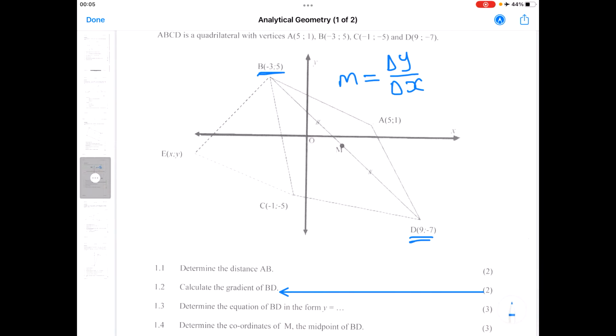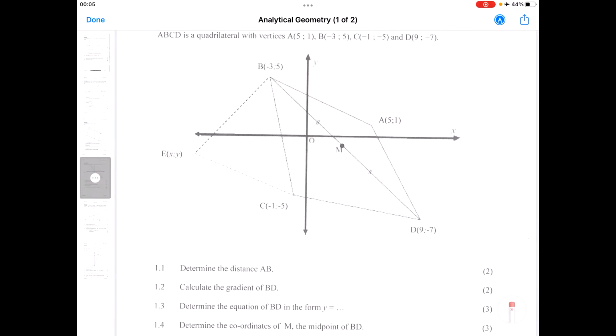Therefore, you can use D as your second values, meaning x2, y2, and B as x1 and y1. Plug into your formula, punch it on a calculator, and that's how you calculate the gradient. Easy.